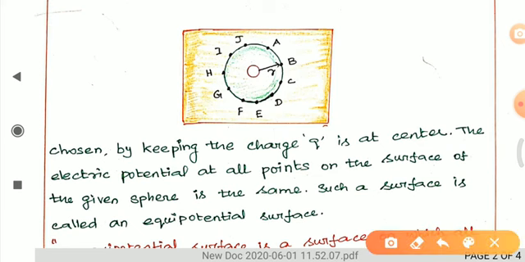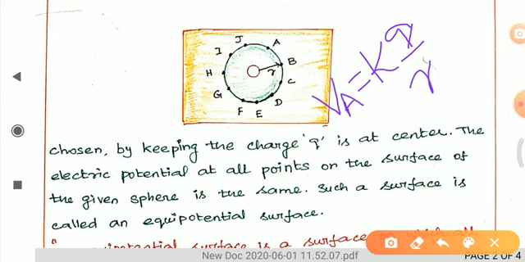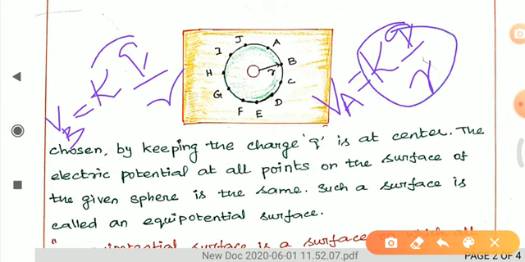We can easily calculate the electric potential at point A. First, VA is given by K into Q by R. For the point B, the potential is also VB equal to K into Q by R. For the point C, the potential is also K into Q divided by R.